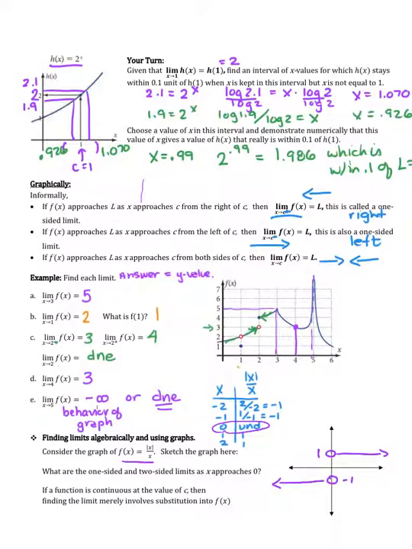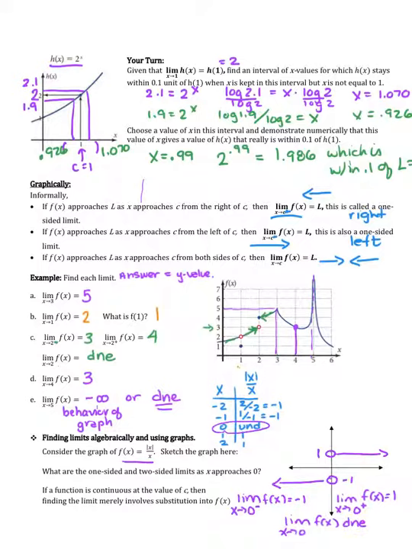Notice that the limit as x approaches 0 from the left equals -1. The limit as x approaches 0 from the positive side equals +1, which means the two-sided limit does not exist because they don't match. You have to match from both sides.